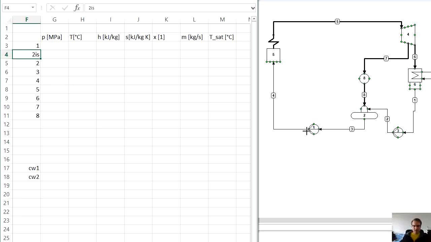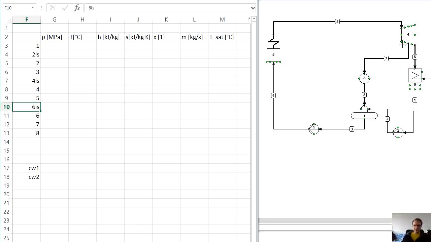Similarly, before point number 4, IS for isentropic, and as you can see, for expansion in the turbine at point 6, we will have 6 IS.